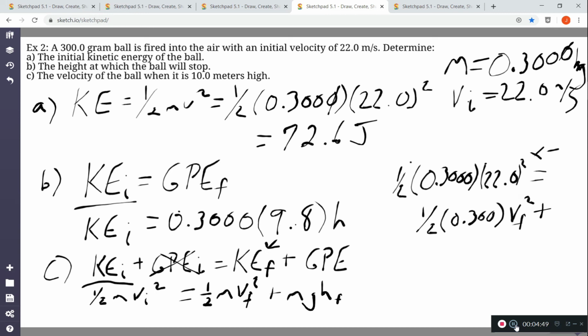So the mass is 0.300, gravity's 9.8, and the height in this situation is 10.0.